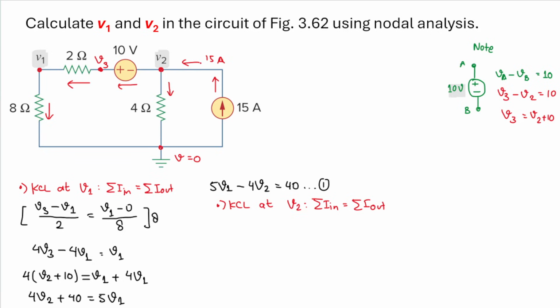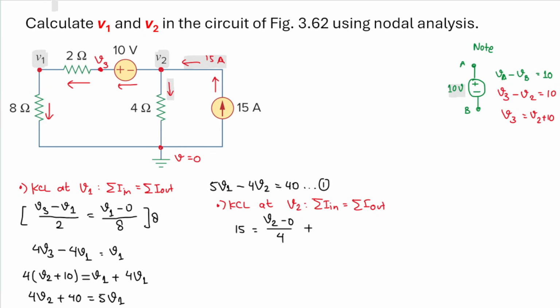The only current that goes in is the 15 ampere, so I will have 15 on the left-hand side. Then the current that goes out through this one is V2 minus 0 divided by 4. And then plus the current that goes out through the series branch.